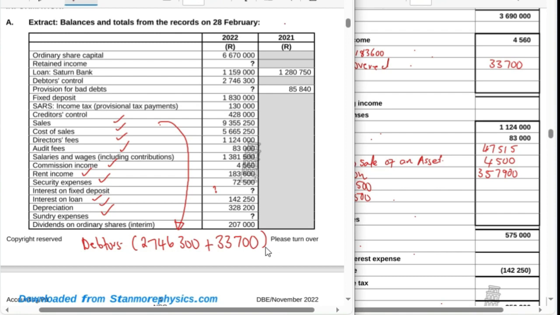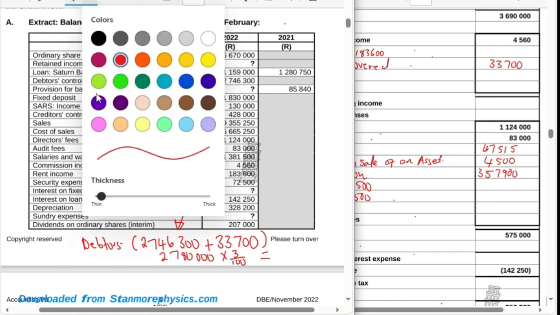We are going to say 2,746,300 plus 33,700, and then our total debtors is 2,780,000, and then it must be adjusted to 3%, 3/100, and then it must be adjusted as how much?